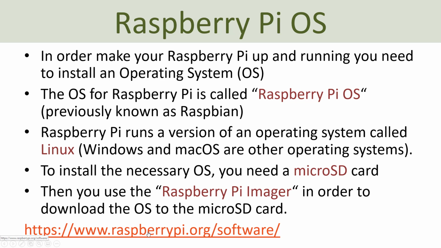Then you just go into this web page, follow the step-by-step instructions in order to install the Raspberry Pi operating system on the micro SD card, and then you just insert the SD card into your Raspberry Pi device, connect it to a monitor, keyboard and a mouse, plug in the power supply, and then you are ready to go.